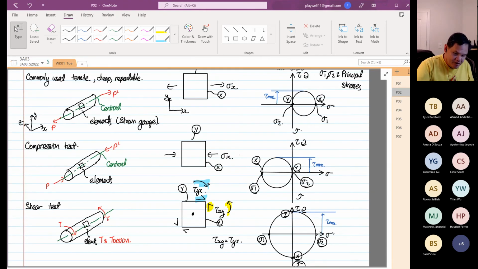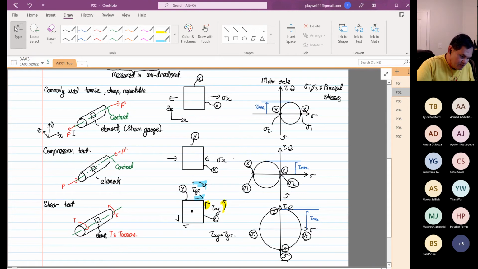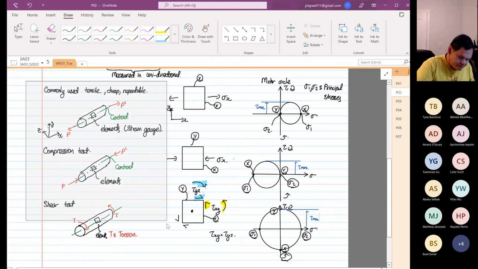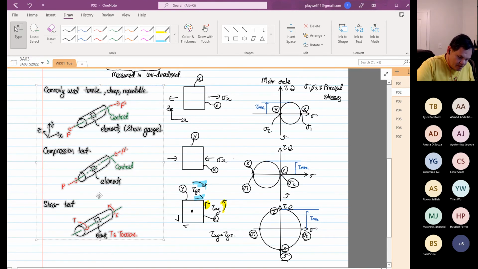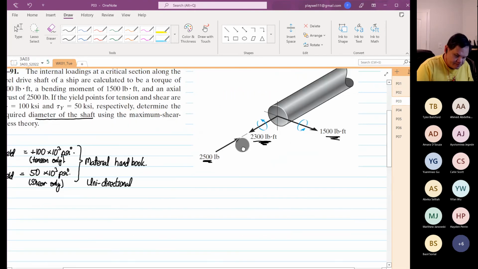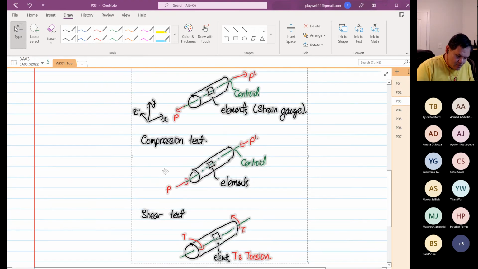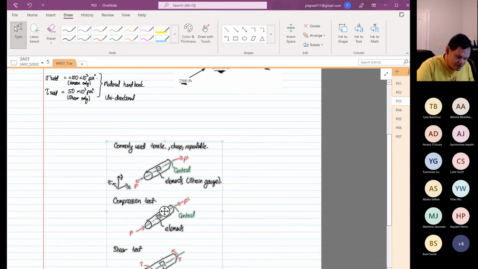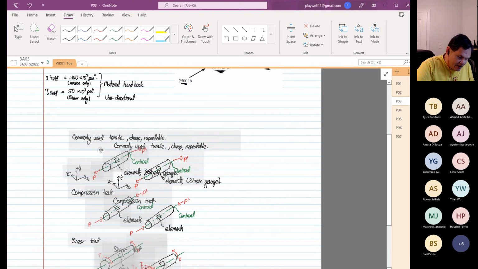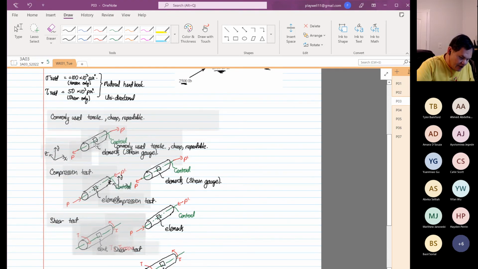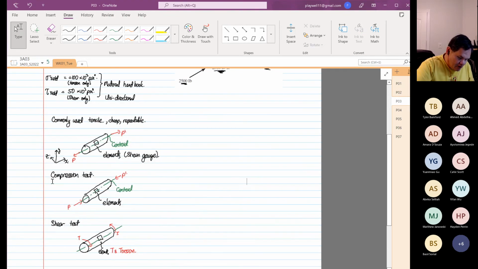Okay, so I'm going to copy this table over here, and then I'm going to paste. So the tests are either done in tension, okay, or in shear.